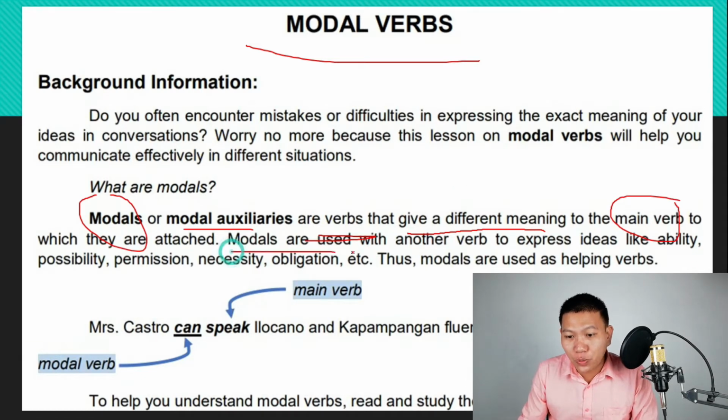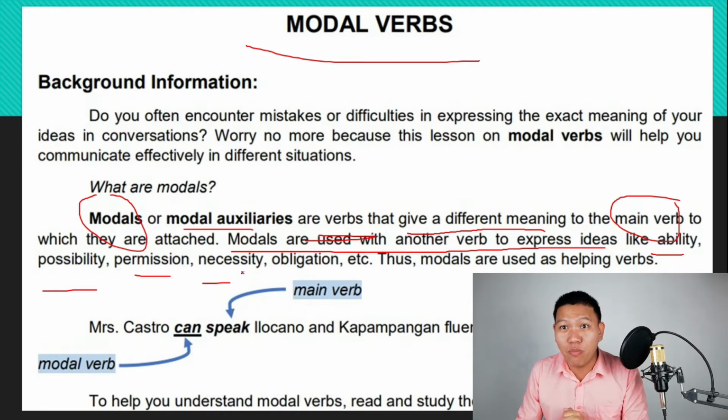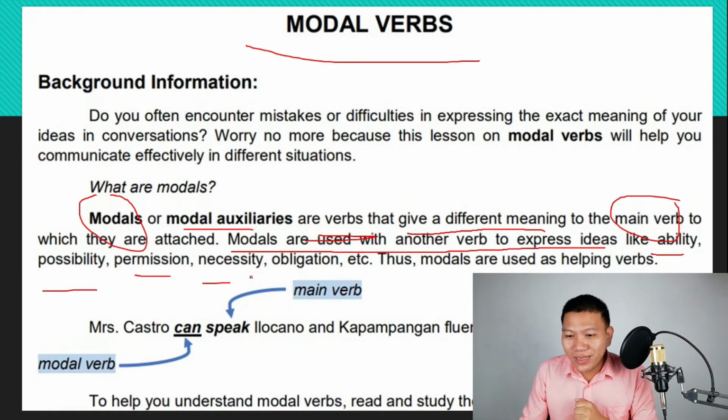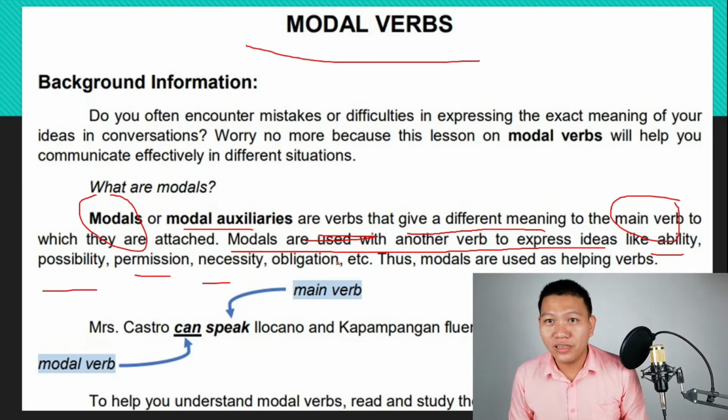Modals are used with another verb to express ideas. What are these ideas? Ability, possibility, permission, necessity, and obligation, and a lot more. Thus, modals are used as helping verbs. So they are also helping verbs. They are called auxiliaries or auxiliary verbs, or also known as modal verbs.